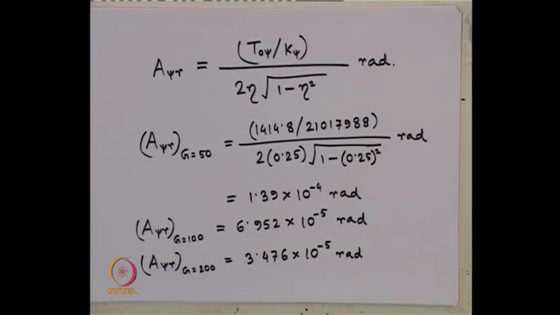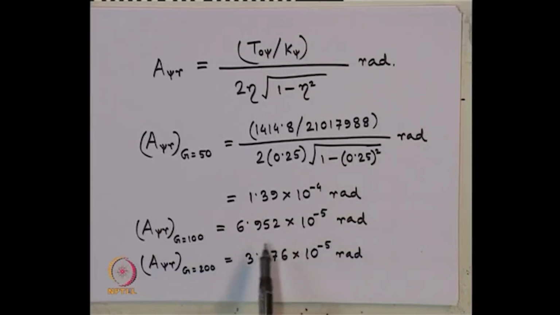And one observation which you must have noticed, the values of A psi R will always be greater than the values of A psi, which is quite obvious. That is, displacement amplitude at operating frequency will be less than the displacement amplitude at resonance. So, this is a kind of cross check you can do.